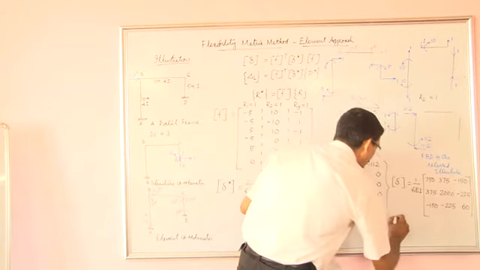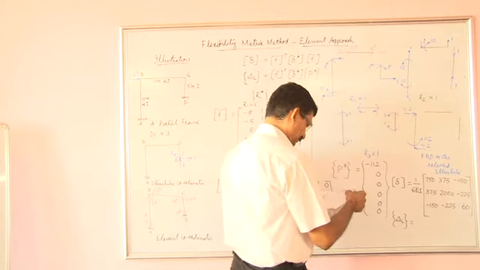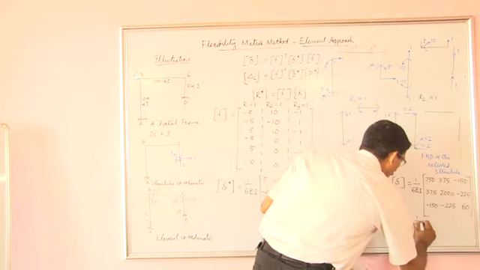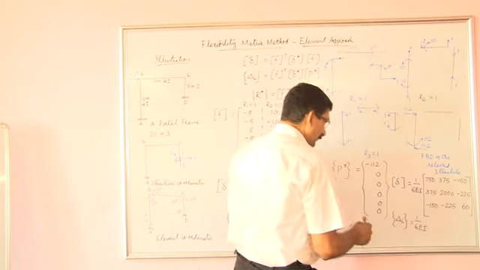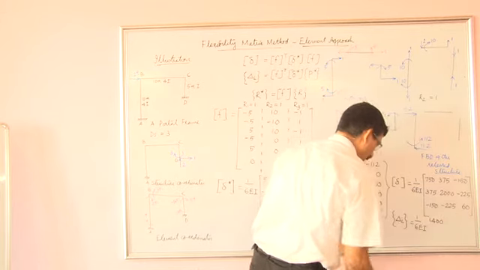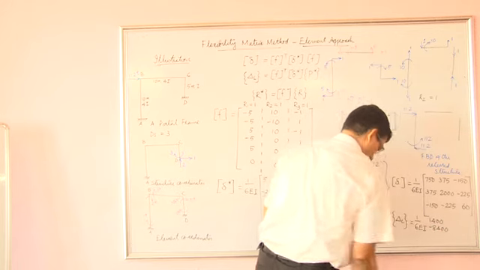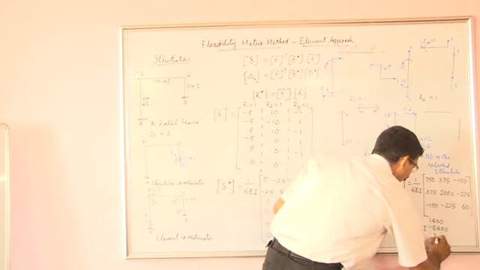Delta L vector is (1 by 6 Ci) common factor times 1400, minus 8400 and 840.